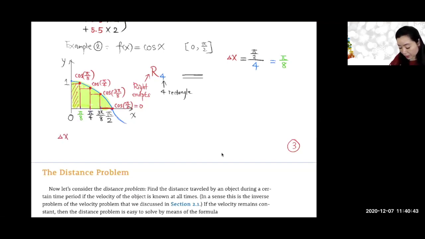Delta x over here is equal to pi over 8. So each one here is going to be pi over 8.